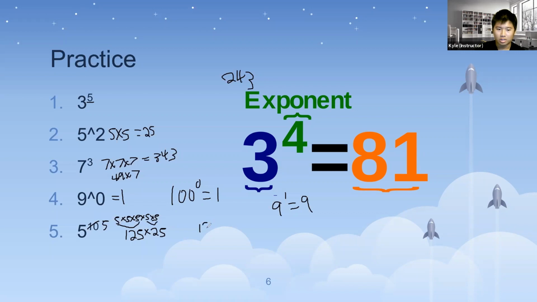And then once you solve this out, you get 3,125.